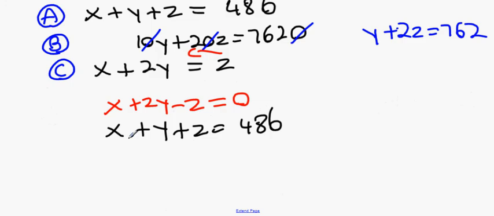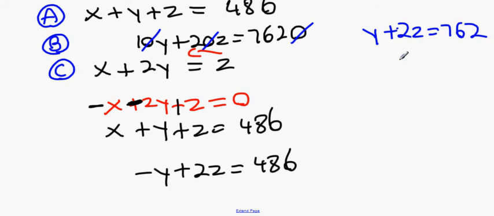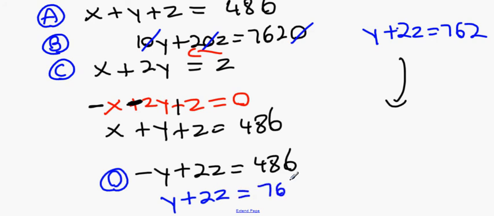So that means I'm going to multiply across by minus 1. So what I'll get here is minus x minus 2y plus z equals 0, and what I'm going to get is minus y plus 2z equals 486. Then I'm going to bring down equation B. We're going to call this one equation D. And what we get is y plus 2z equals 762.